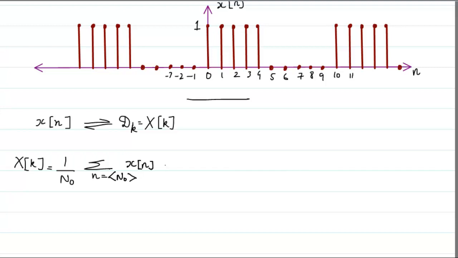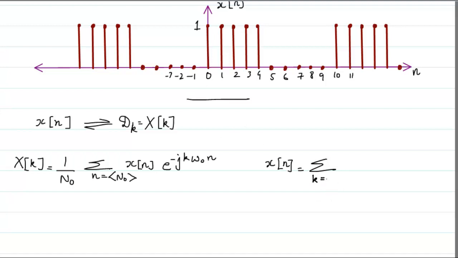Next we write x of n times e raised to power minus j k omega naught n. Or if you already know X of k, then you can find x of n. This is the inverse Fourier series. If you know X of k, then you can find x of n by writing, sorry, on this side it is k.